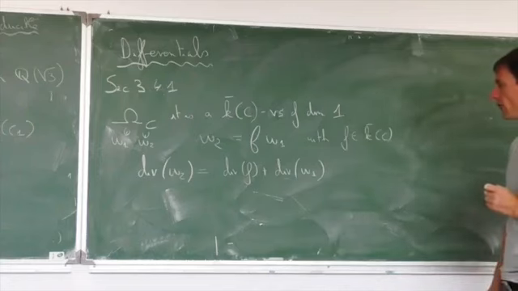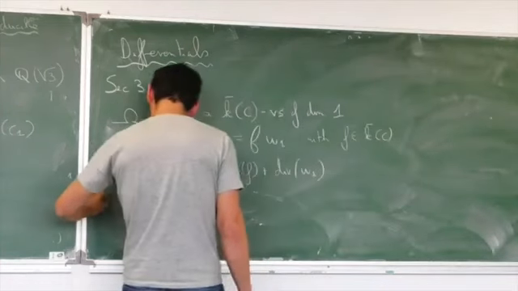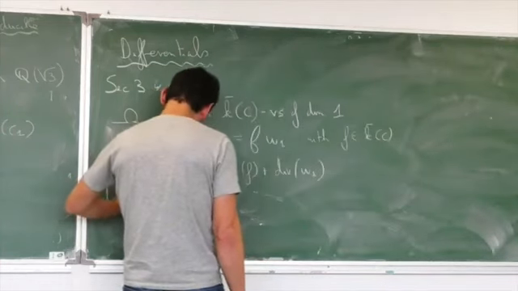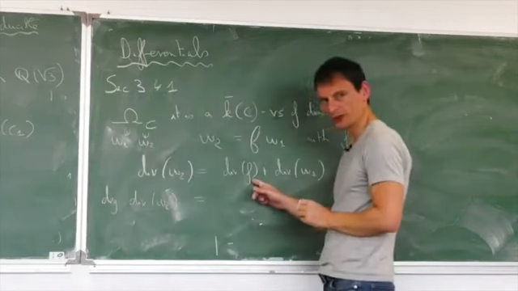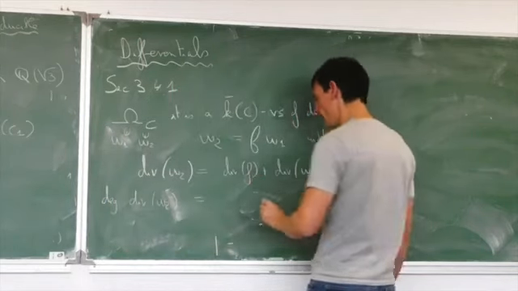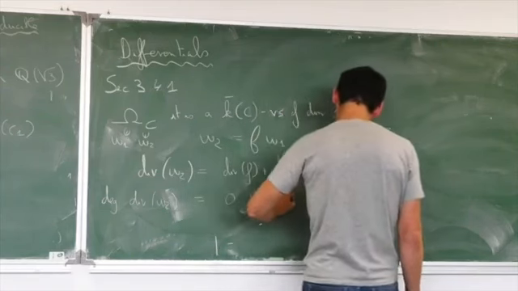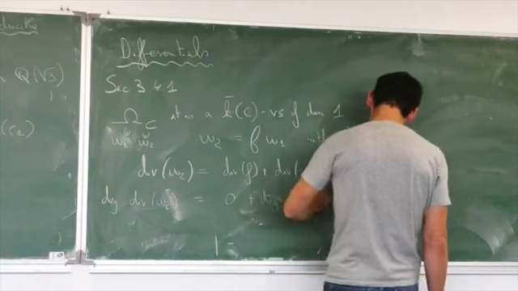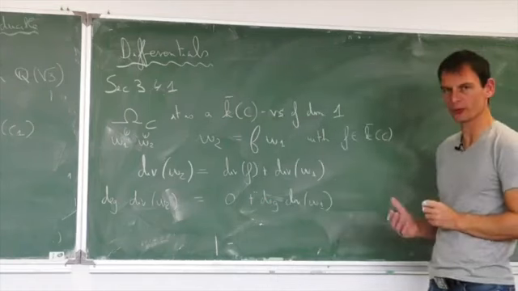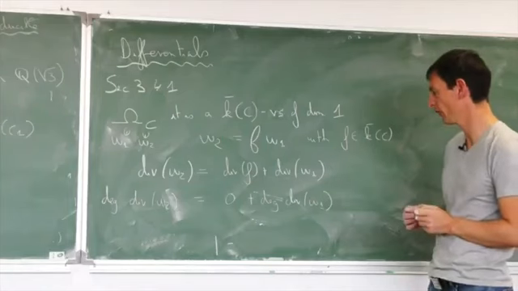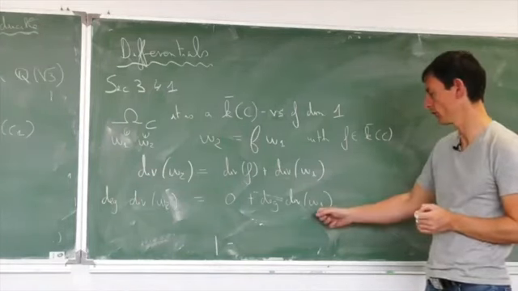Good. And now what? The thing is, we can look at degrees. This is going to be the degree of the divisor of f, but what we have seen is that the degree of a divisor of a function is always 0, plus the degree of the divisor of omega 1. And what we see is that the degree of the divisor of a differential doesn't depend on the differential.